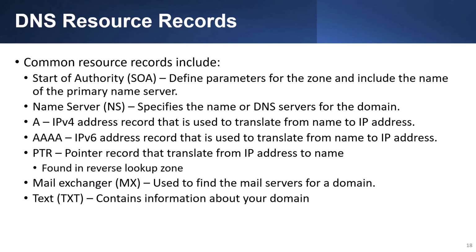Quad A is the IP version 6 address record that is used to translate from name to IP address. Pointer records are used to translate from IP address to name. It's found in the reverse lookup zone. The mail exchanger, or MX, is used to find the mail servers for a domain. And the text record contains information about your domain.